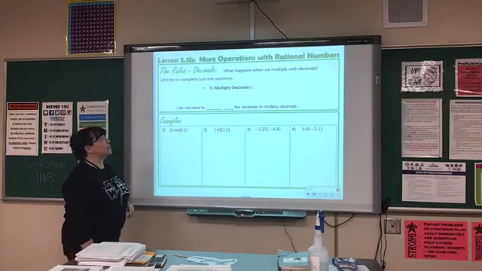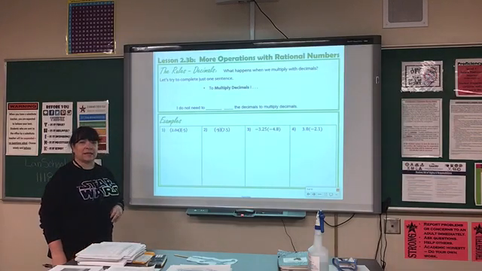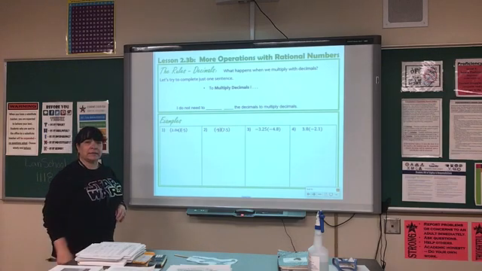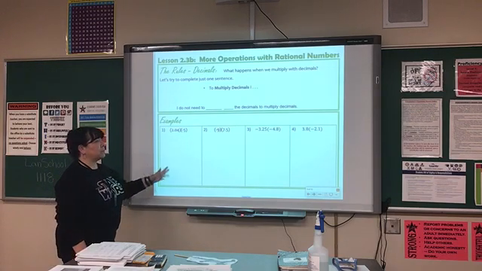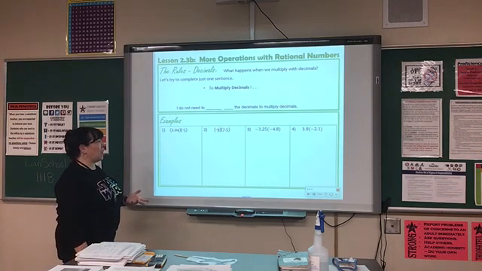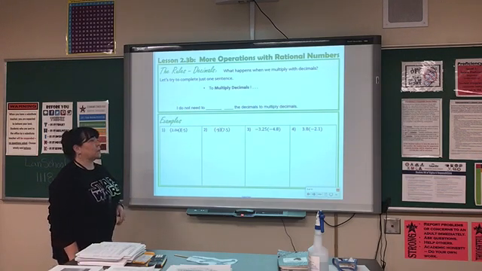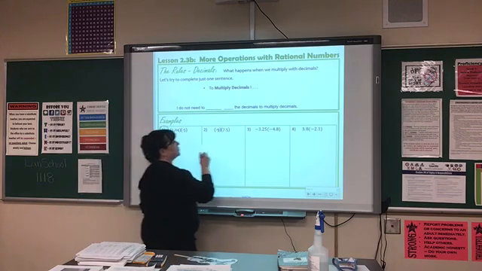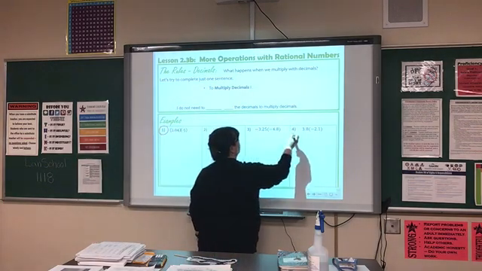All right, so we're going to complete first a sentence. I want you to write this down. And then we've got a couple of problems. We won't necessarily do all of them. I think we'll do number 1 and we'll do number 4.